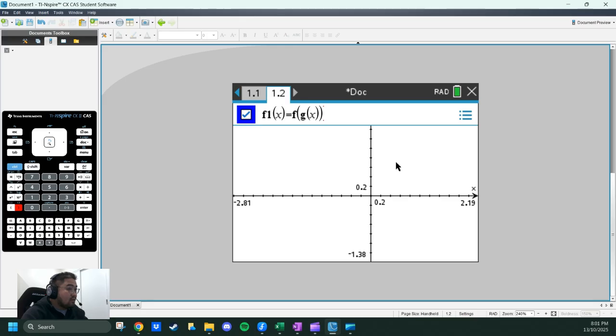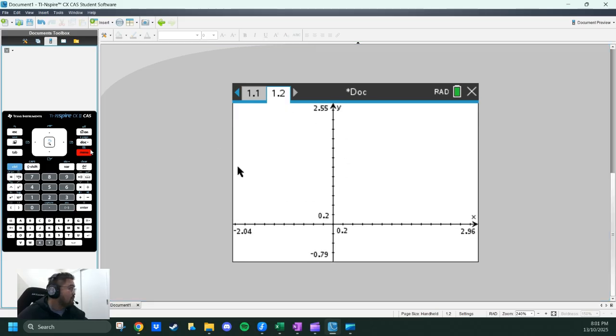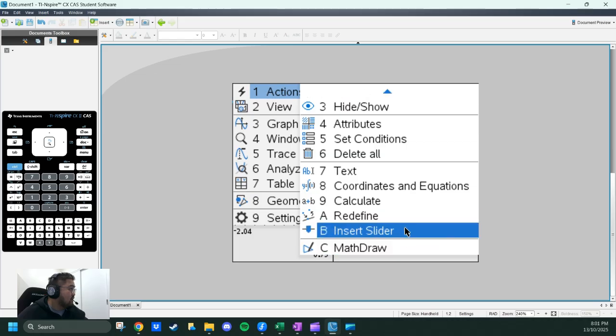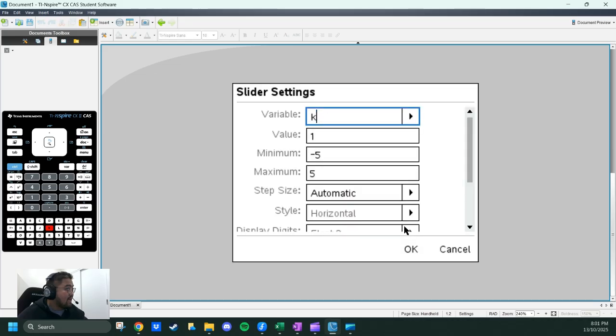Let's draw this. A slider should come up. If not, we may need to make a slider. Menu, actions, insert slider. The variable that we used was k. K is greater than 1, so we'll start at 1 as the lowest value, and maybe go up to 5.